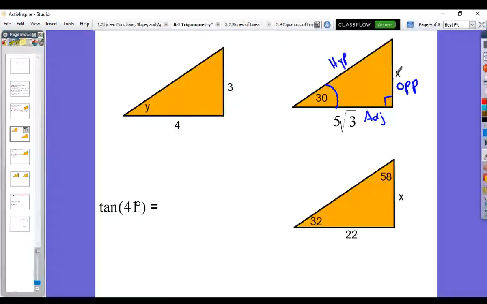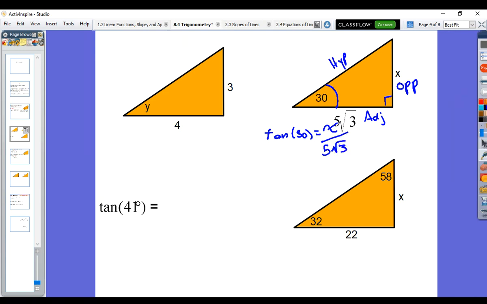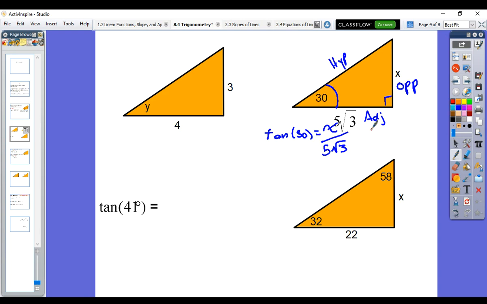We use sine, cosine, and tangent specifically right now to solve for a missing side. So let's try that. If we set up our tangent ratio, we say the tangent of 30 degrees equals our opposite side, x, over our adjacent side, which is 5 radical 3. Just like any other math problem, when you're solving for an unknown, we try to get that unknown by itself.